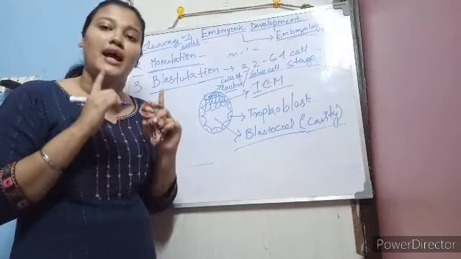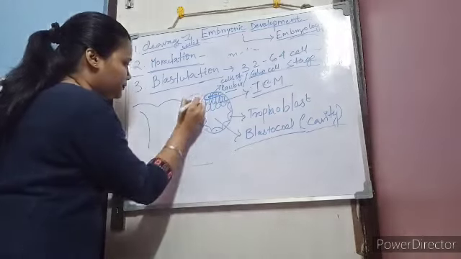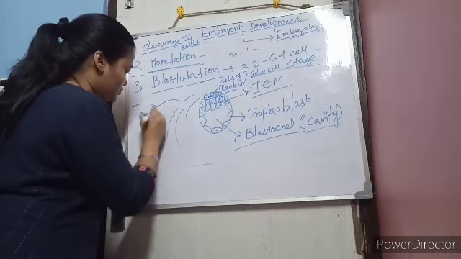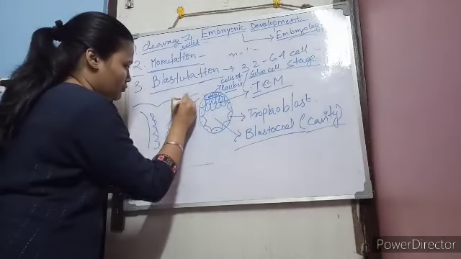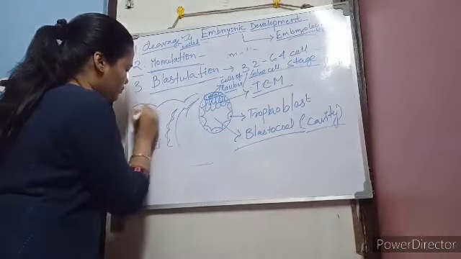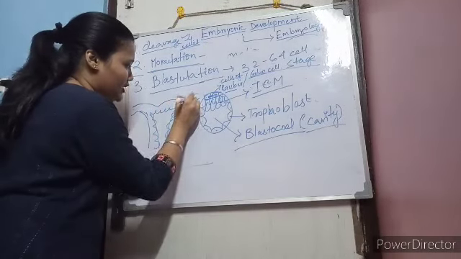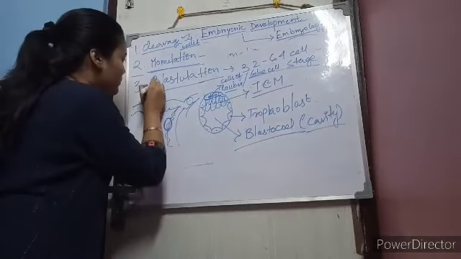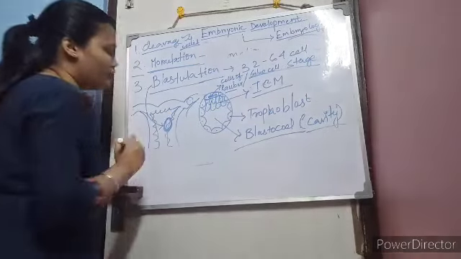Implantation takes place in the endometrium wall. So fertilization takes place here and implantation will take place here. This blastocyst will implant on the uterine wall.